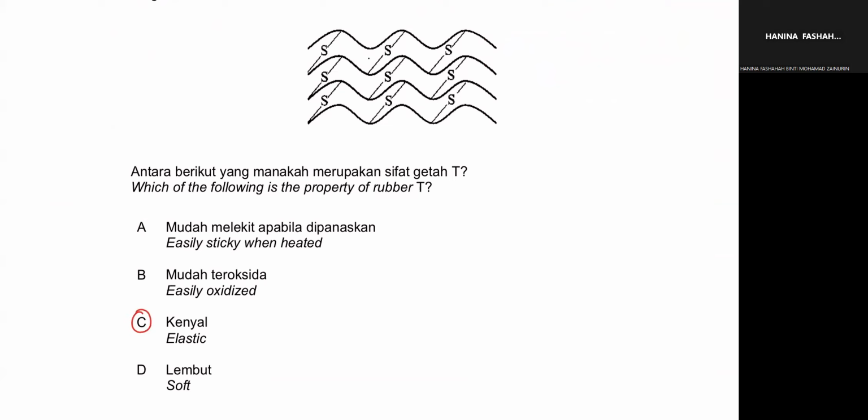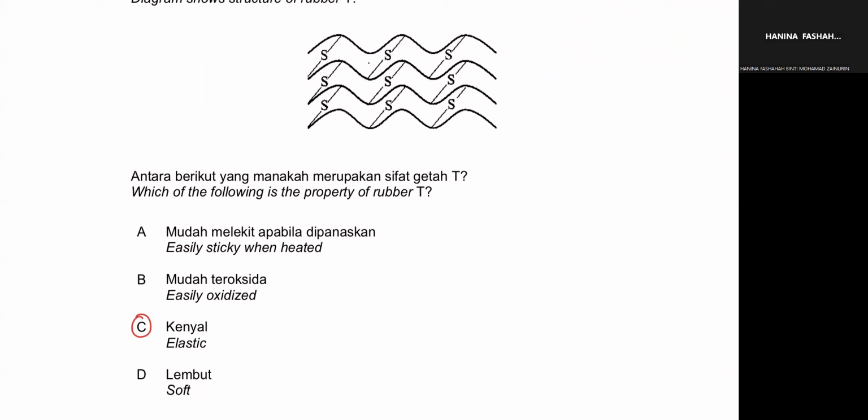This one is Form 5 chapter 4. So if you remember, it is your sulfur cross-link, your vulcanized rubber. The comparison between vulcanized rubber and unvulcanized rubber. This one is vulcanized rubber.